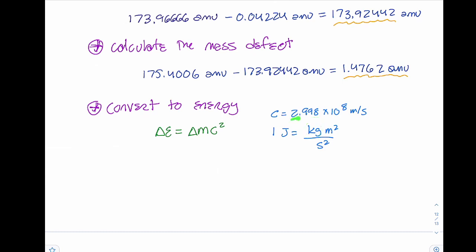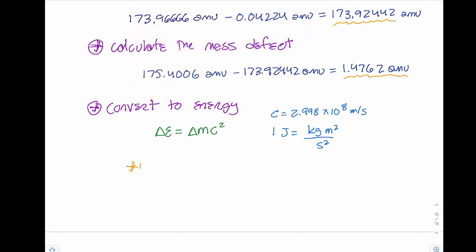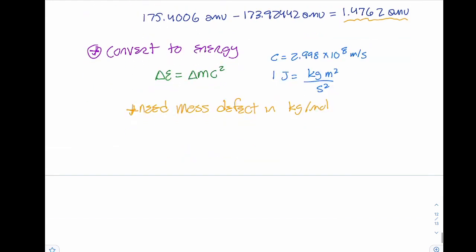Once I multiply by the speed of light squared, that's where this part is going to come from. So essentially what we need to do is take this number, convert it to kilograms per mole. When I multiply it by the speed of light squared, then I will end up with joules per mole as my unit. So let's write a couple of those notes down. We need our mass defect in kilograms per mole. So let's do that step first.